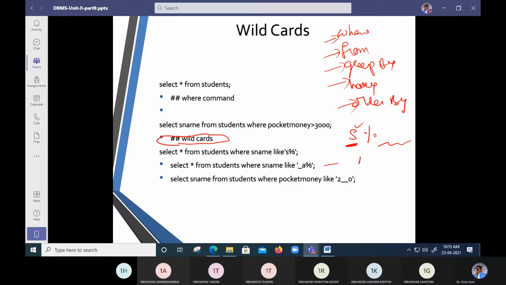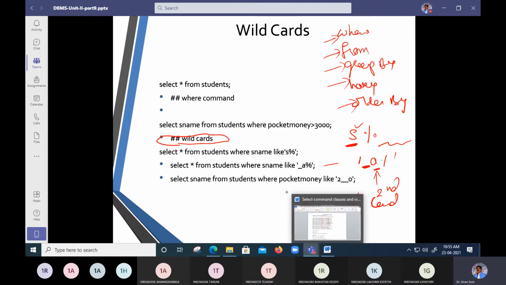Similarly, the first character can be anything, but the second character should be A. My name is Ramchandra Rao, my second character is A, so the names with A as the second character should come. For that, we use underscore in this model. Now assume the first character should be 2, the second and third can be anything, and the fourth character should be 0.